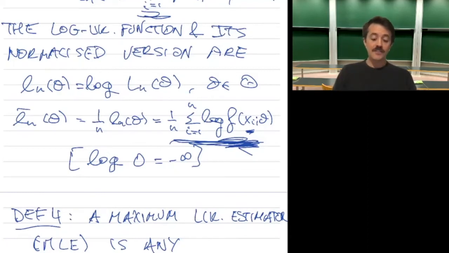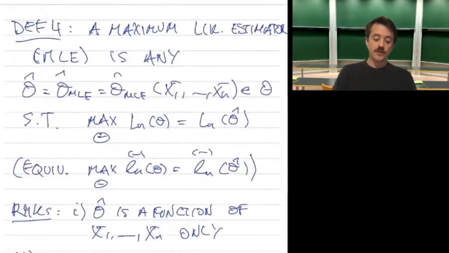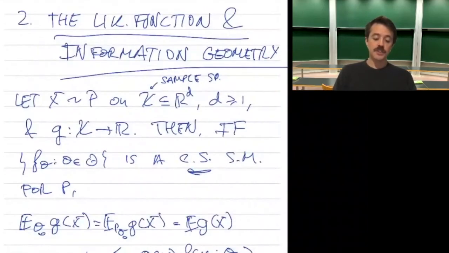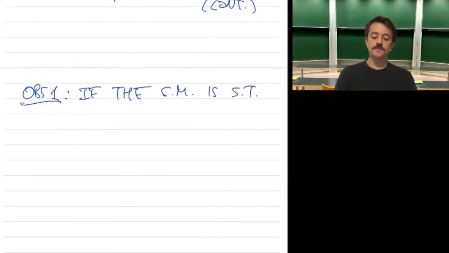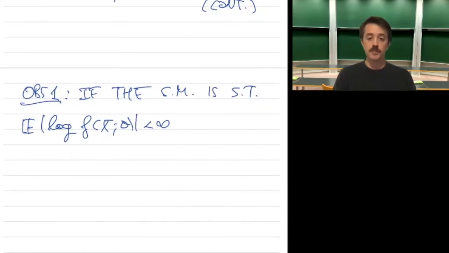So if the statistical model that we have at hand is such that the expectation of the absolute value of these logarithms is less than infinity, and this is for all the thetas in the sample space, let's just write it.